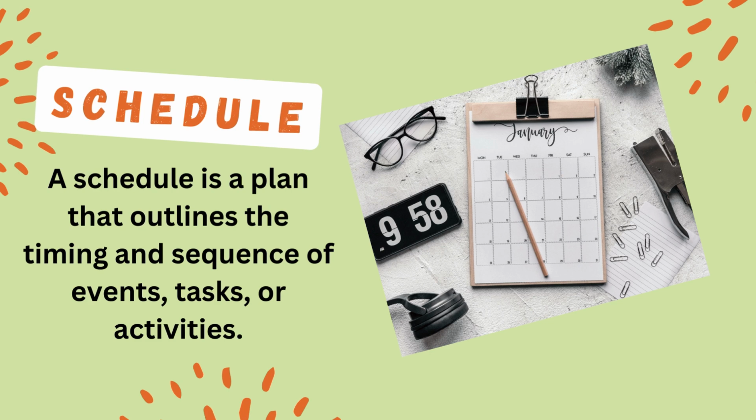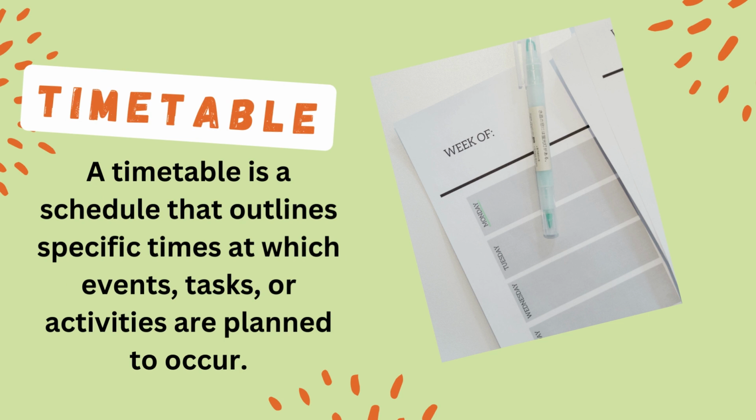A schedule is a plan that outlines the timing and sequence of events, tasks, or activities. Timetable. A timetable is a schedule that outlines specific times at which events, tasks, or activities are planned to occur.